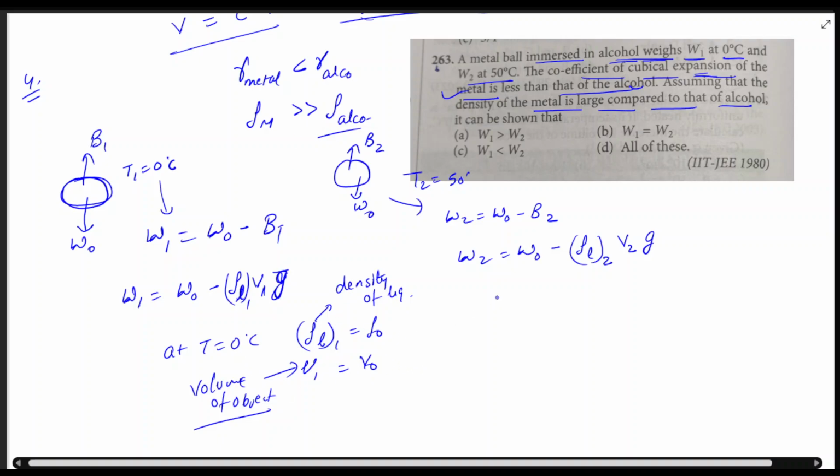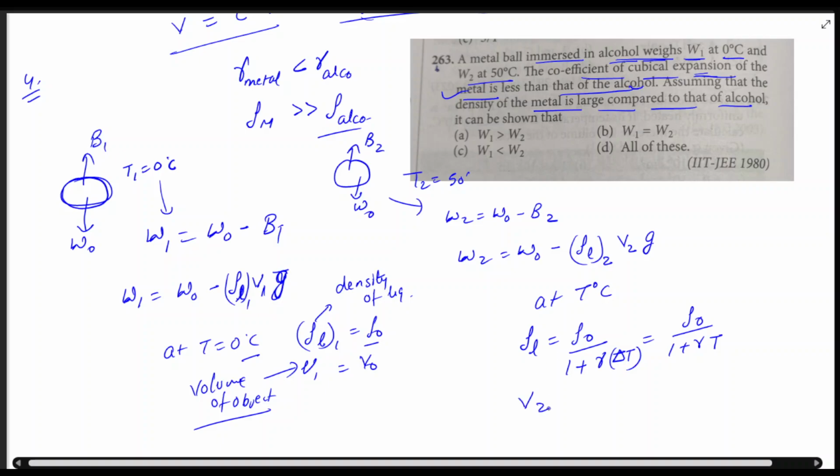Now at T degrees Celsius, the density of the liquid will be rho naught upon 1 plus gamma into delta T. Rho naught is at 0 degrees Celsius, so delta T will simply be T.